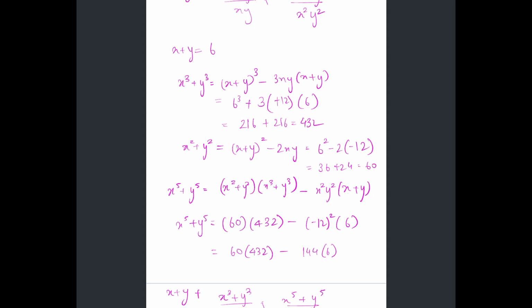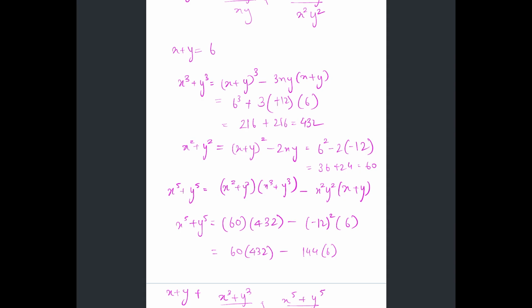Now we have all that we need, right? So x plus y is 6, x cubed plus y cubed is 432 divided by xy, and xy is minus 12, plus x^5 plus y^5, that is 60 into 432 minus 144 into 6, divided by x square y square, that's 144, right?